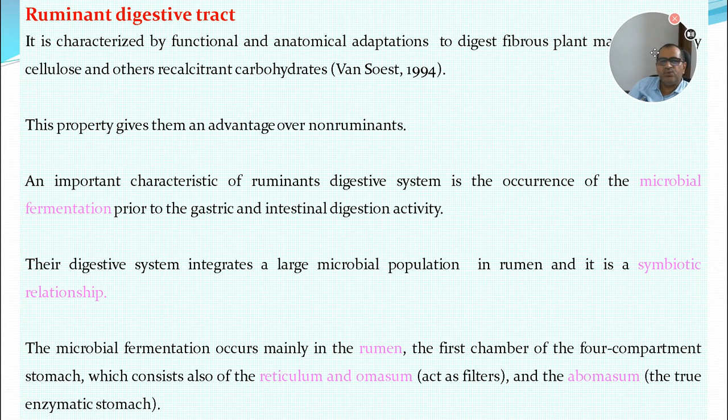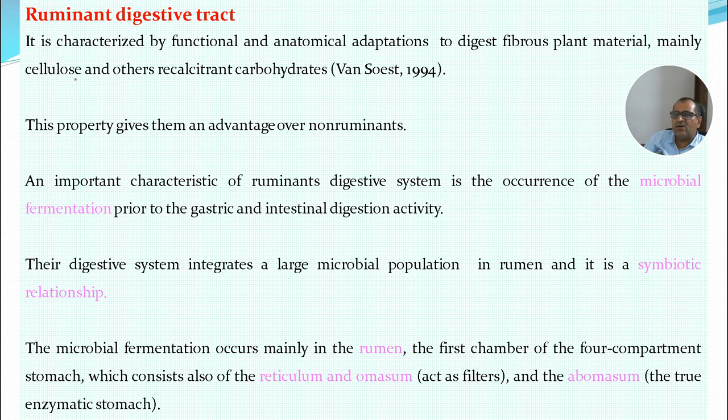So the digestive process is characterized by anatomical adaptations to digest fibrous material. No other animal can do this. And they can also digest cellulose and other complex carbohydrates. So this property gives them the advantage over the non-ruminants, because non-ruminants can digest only the simple carbohydrates.